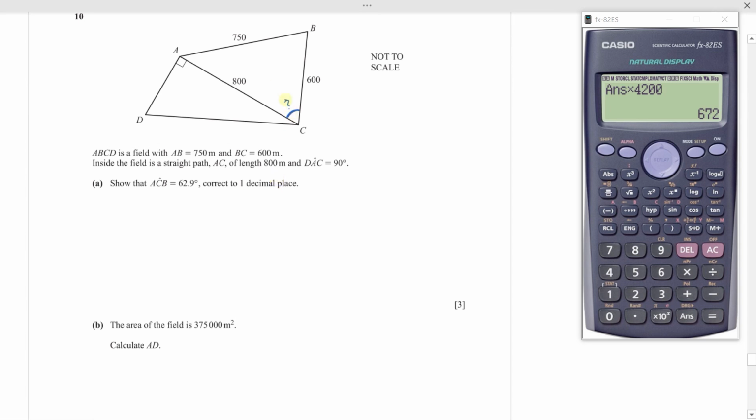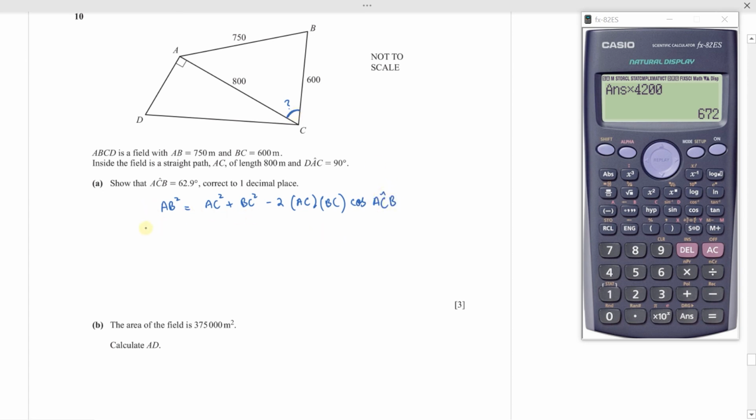Since the side opposite to this angle is AB, I will have AB squared equals AC squared plus BC squared minus 2 times AC times BC into cos of angle ACB, which is this angle.